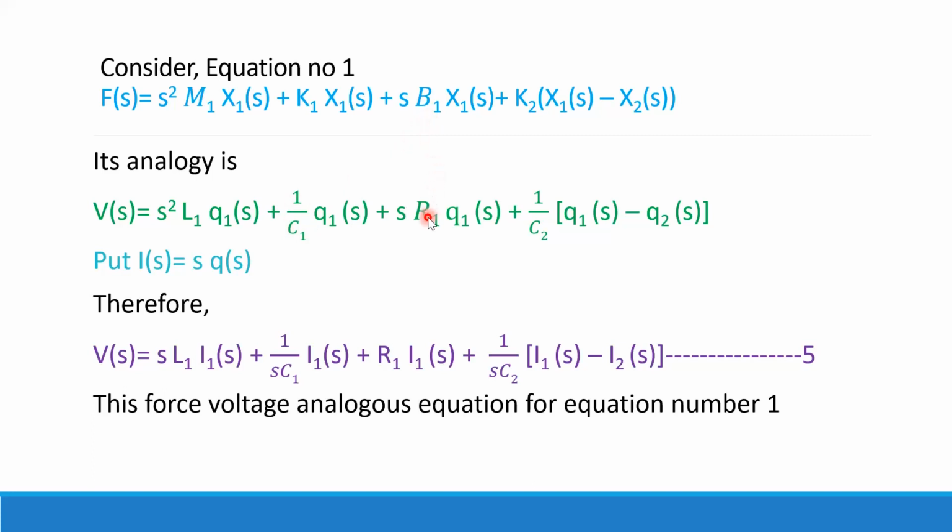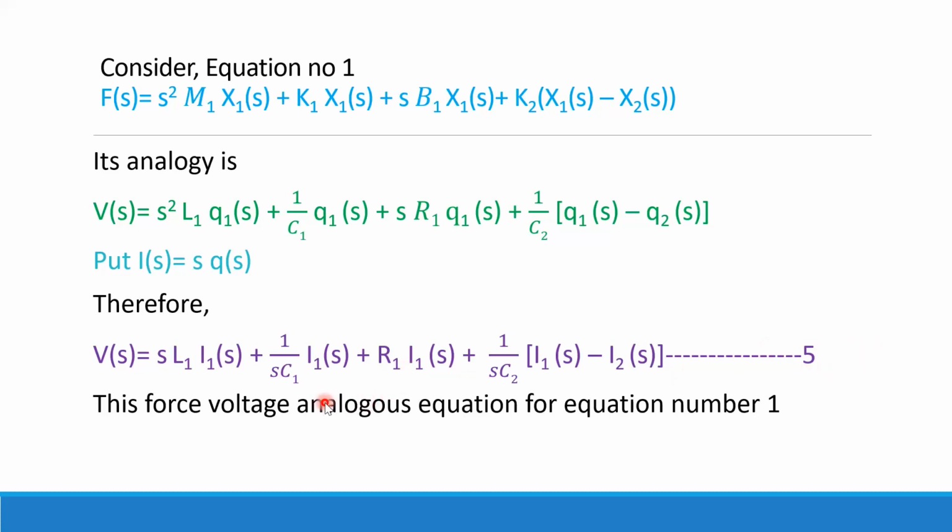So you have to just replace the quantities with the force-voltage analogy quantities and put I of s is equal to s Q of s. You will get the reduced equation, or you can say the analogous equation. So now equation number 1 is analogous with equation number 5 in force-voltage analogy.